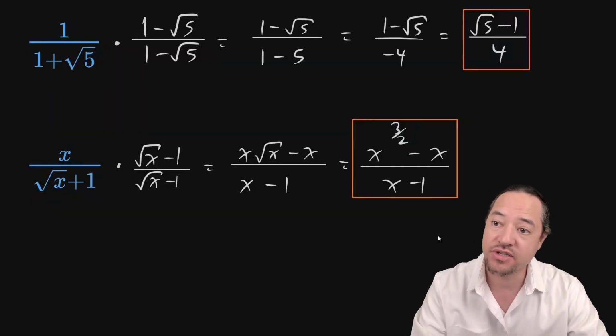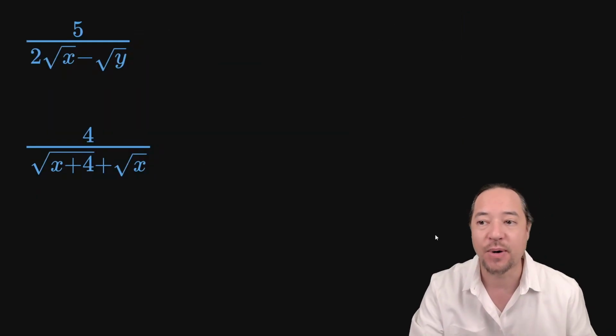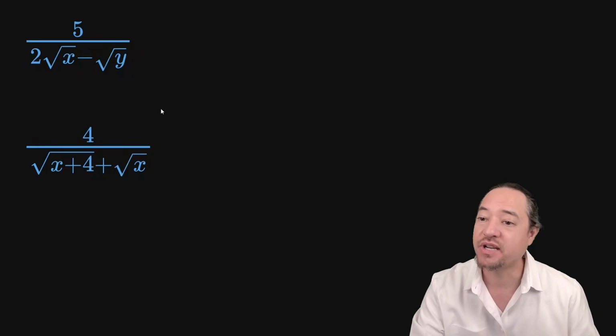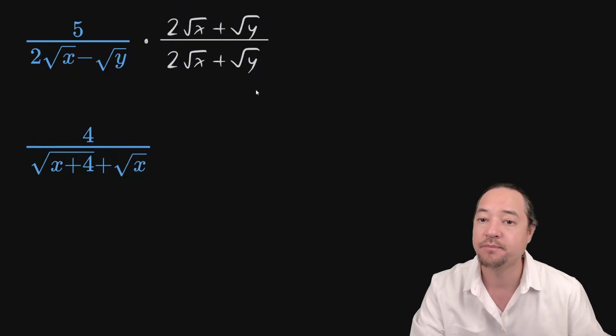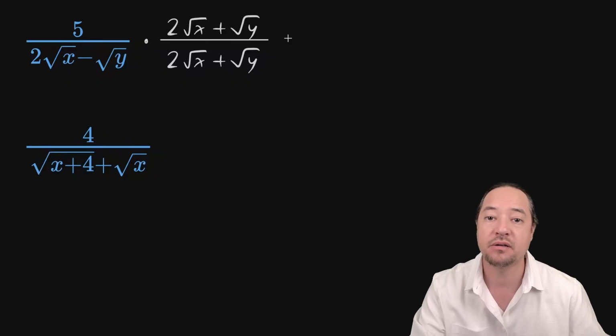And maybe let's try just these 2 more. So for this first one here, again, we have to multiply by the conjugate. The conjugate will be 2 root x plus root y. And we'll have the same thing here in the denominator. So in the numerator, we just wind up with 10 root x plus 5 root y.